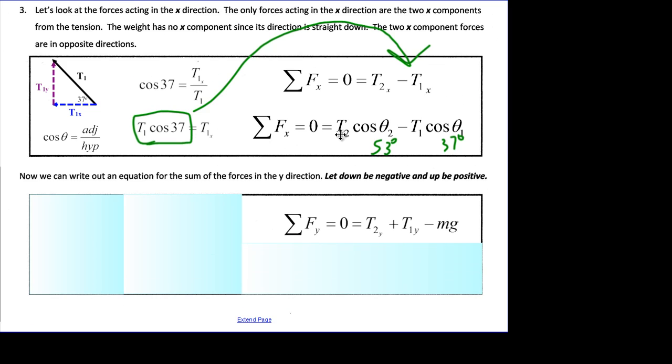So you could look at it as T2 cosine 53 minus T1 cosine 37 equals 0. Okay, so instead of T2x and T1x, now we just have T1 and T2.